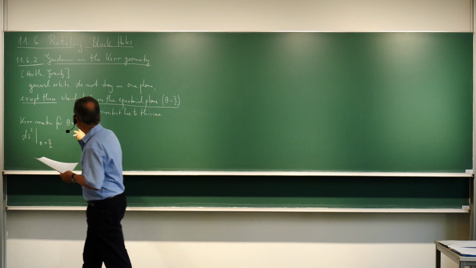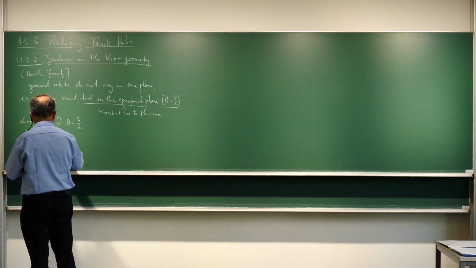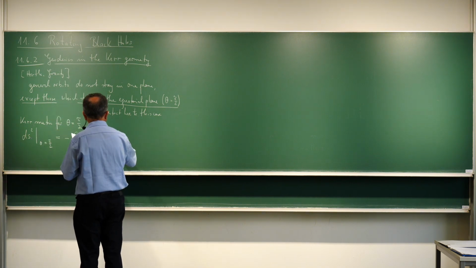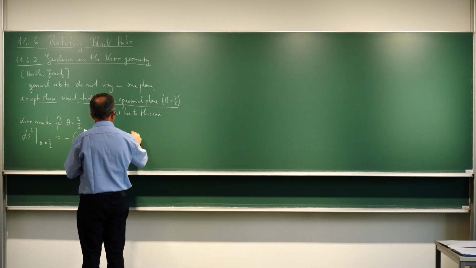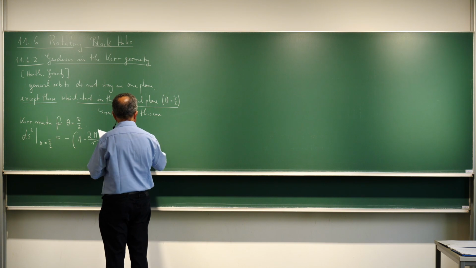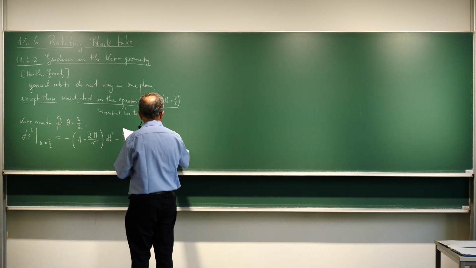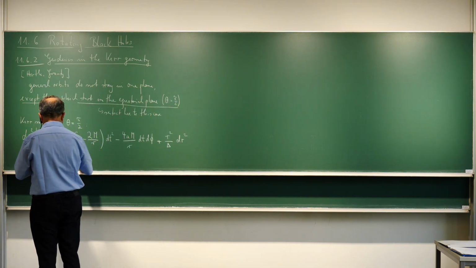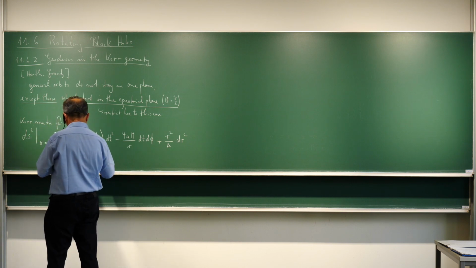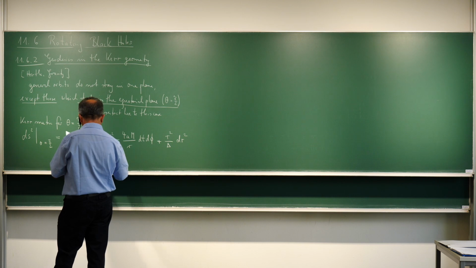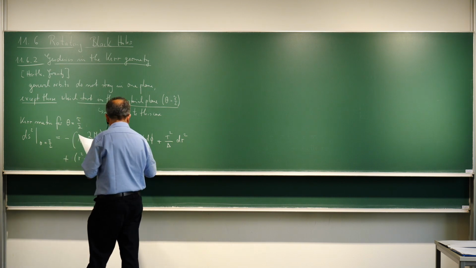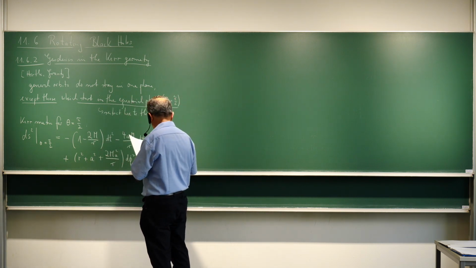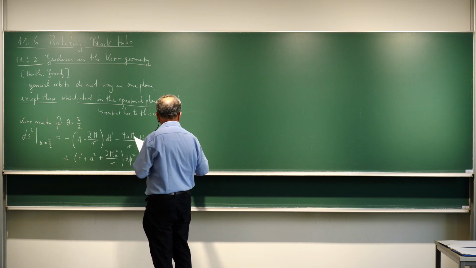You can easily check that by just inserting that particular value, which is minus (1 minus 2m over r) dt squared minus 4am over r dt d phi plus r squared over delta dr squared plus (r squared plus a squared plus 2m a squared over r) d phi squared, where delta here is r squared minus 2mr plus a squared.